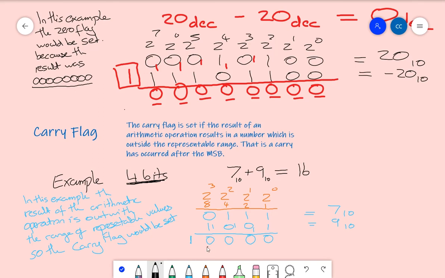So this is the representable range, 4 bits.